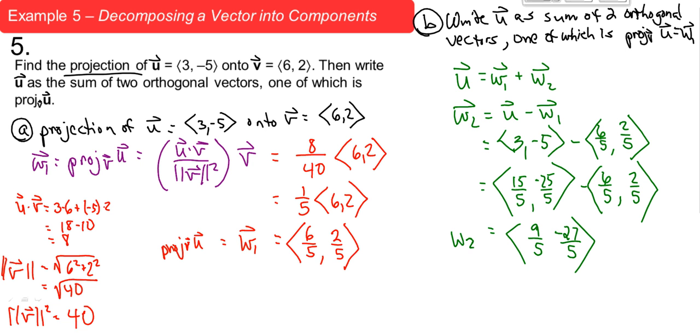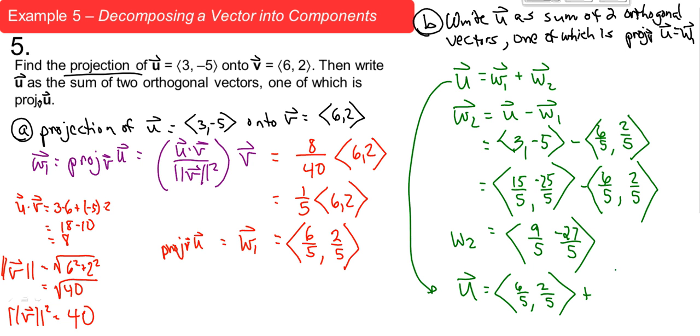And I had to write u as this sum. So that means vector u is equal to 6/5, 2/5, which is W1, plus this new one, which is 9/5, -27/5.